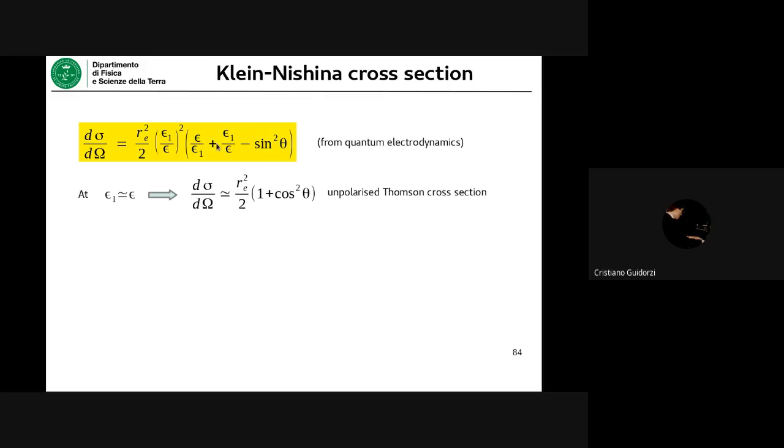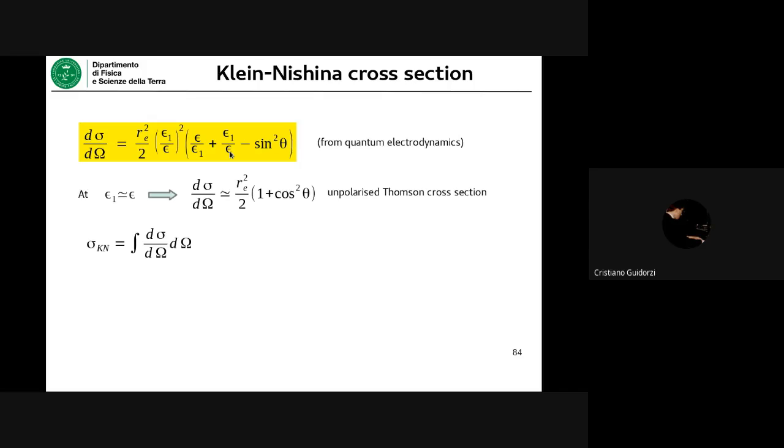So if you want to make the dependence on theta apparent, you have to use the previous formula that we obtained and just replace the ratio. And so you see immediately the full dependence on theta.